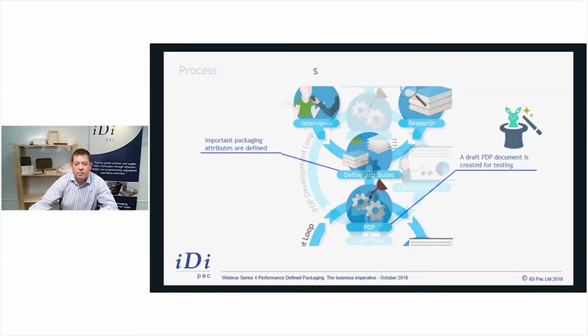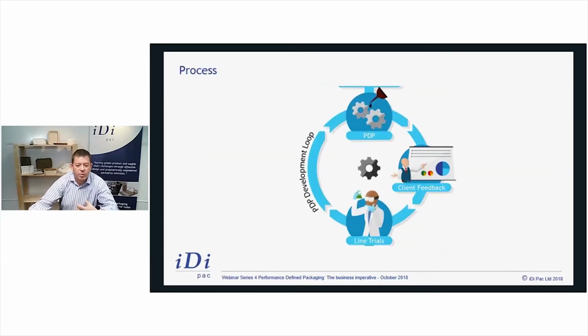Okay, so from there we develop the process into its conclusion. The iterations: we run the draft in terms of development, improving the quality of the output of the draft documentation, the specification. We go through a development loop driven by line trials, and by feedback from the client and also from the vendors.